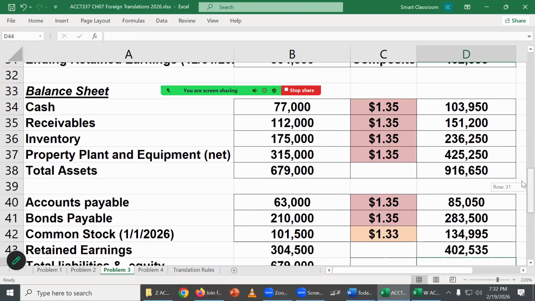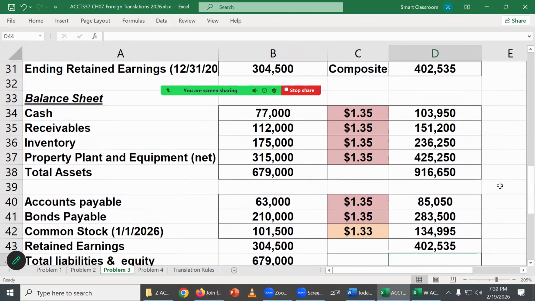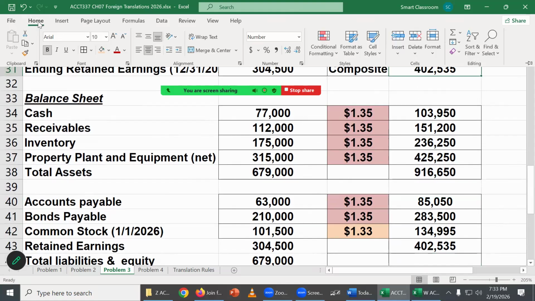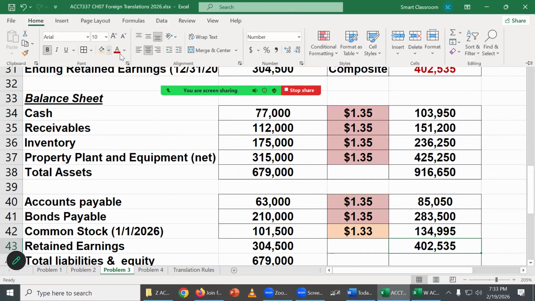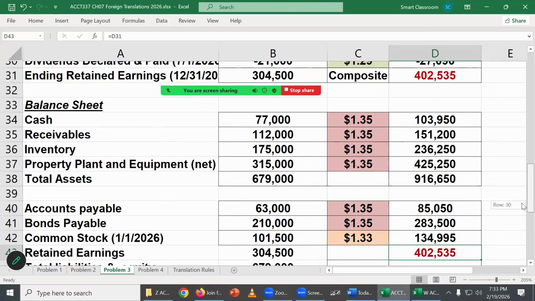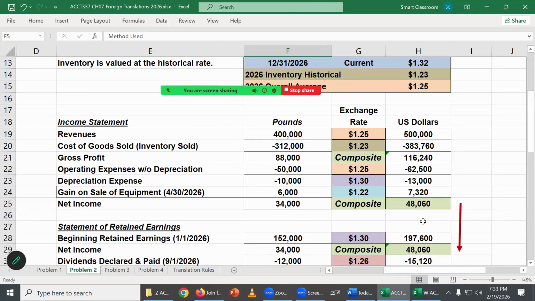Maybe I should try to get those both on the same screen. Okay. So this is our ending retained earnings. You want me to put the arrow in?